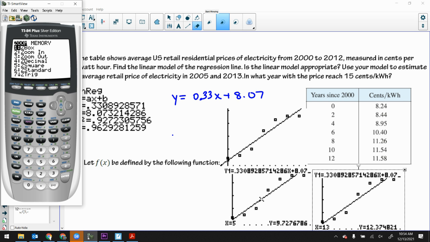Zoom 3, enter. There it is. Second calculate, intersection point, 20.9. So in year 2021, in 2020.9, that would be 0.9 of a year in, December of 2021 or something like that.